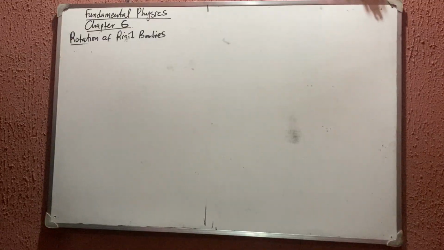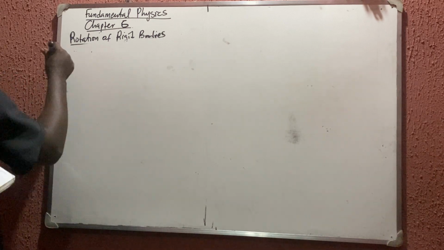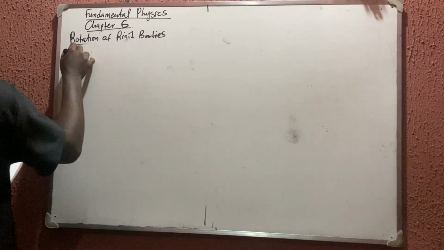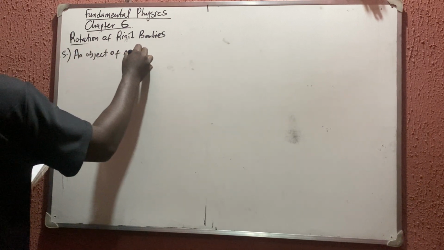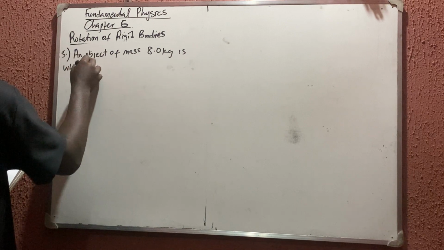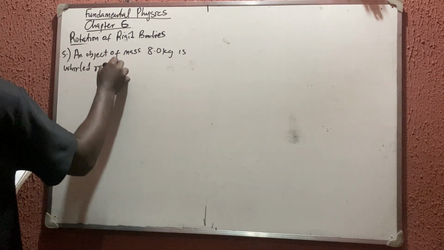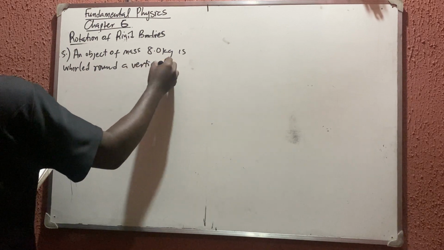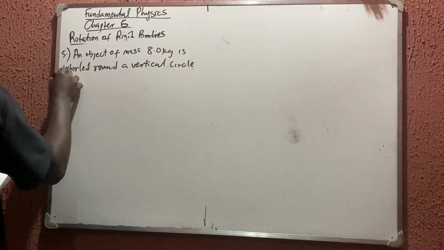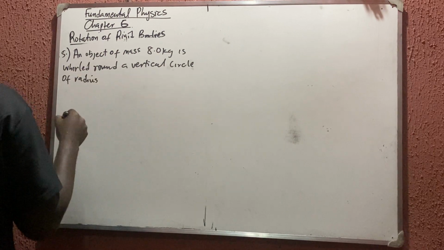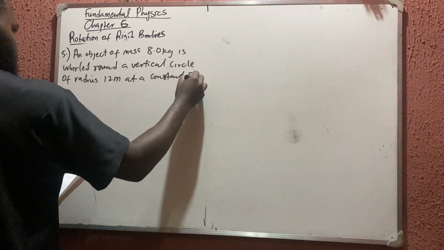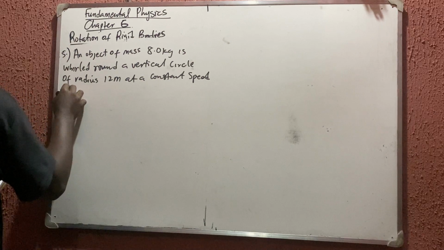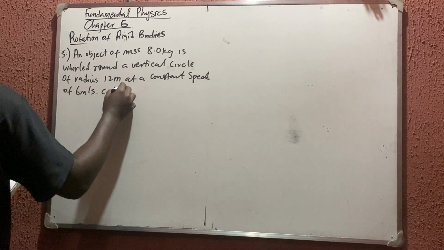So let's go to question number 5. Question number 5 said: an object of mass 8.0 kg is wheeled round a vertical circle of radius 12 meter at a constant speed of 6 meter per second.